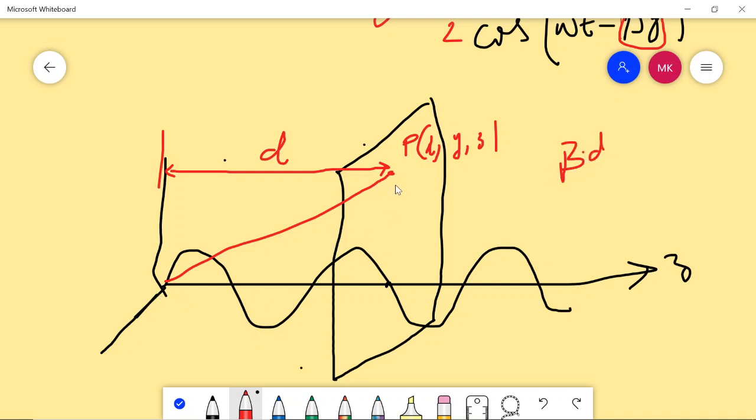Or what you can say, this is the projection. You consider this line to be a vector here, and because it's x y z, we take the vector to be the r vector here. And if we take the projection of this vector along this z axis, then you will get this distance d. If this is the az component, you take the projection of r over az, then you will get this distance d.